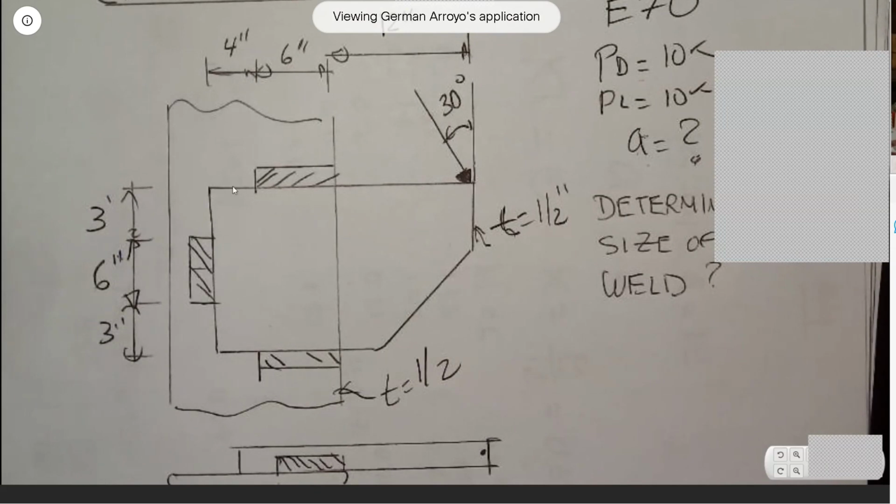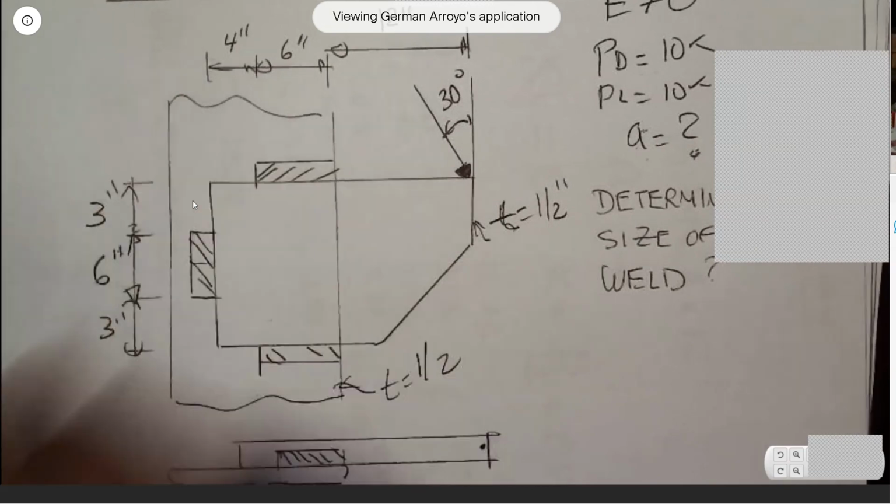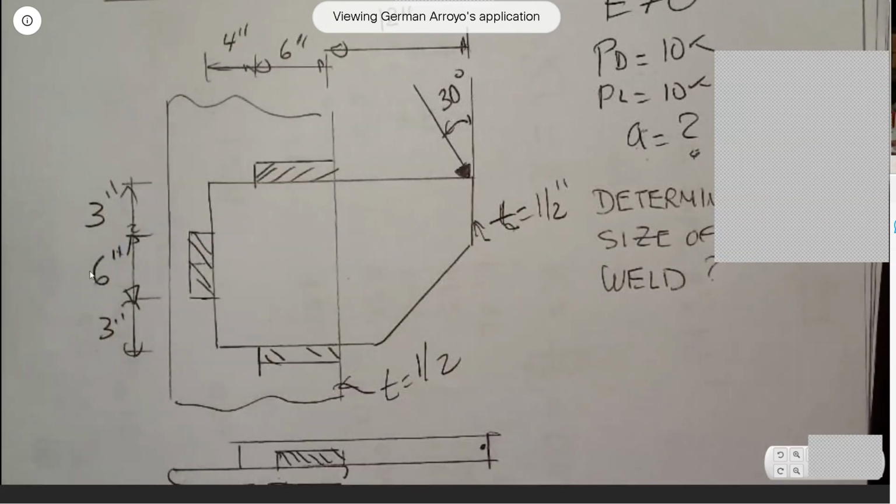And so from this point to this corner is 10 inches. This one has 6 inches of well, 3 inches to the top and 3 inches to the bottom. The thickness of whatever we had in here is half an inch. The thickness of the bracket is also half an inch.